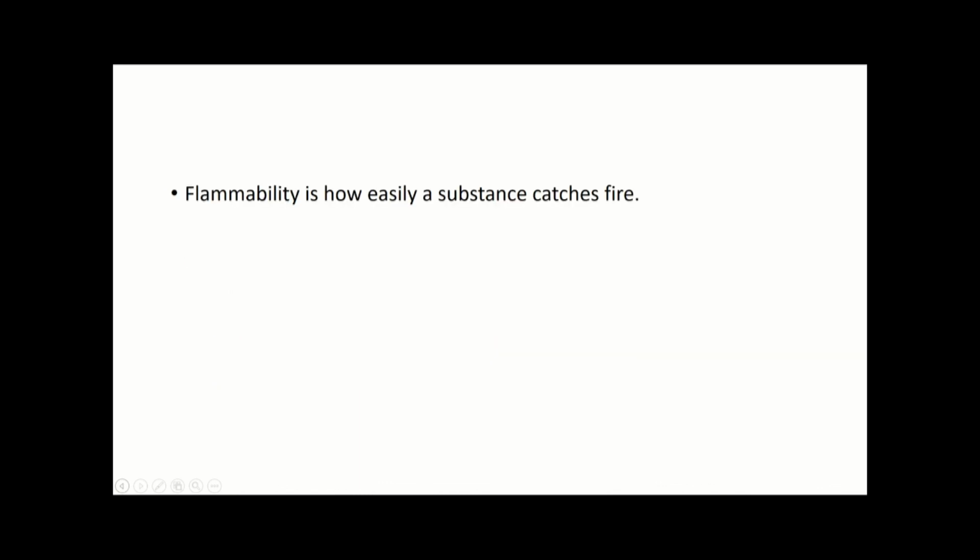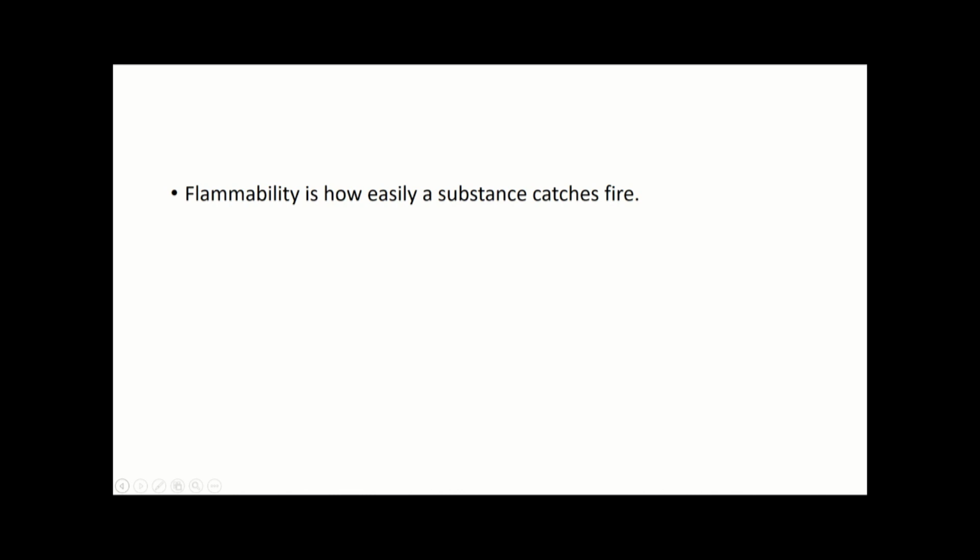The last property is flammability, and there's a lot of things which affect flammability. Flammability is how easily something catches fire. Now, because of the volatility being less and the boiling point being more as we get a longer chain, actually, it's easier to set fire to a vapor or easier to set fire to something which is a gas than it is to set fire to a liquid.